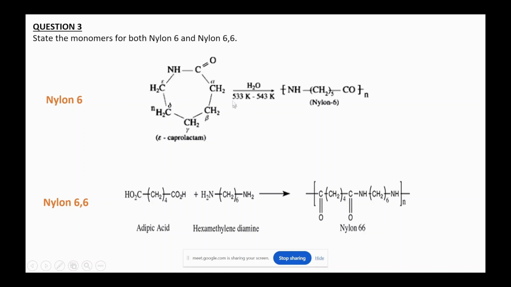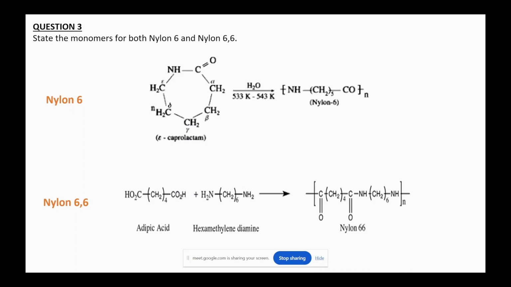When this epsilon caprolactam is subjected to temperatures of 533 to 543 Kelvin, somewhere around 260 degrees Celsius, the ring breaks, free radicals are formed, and they react with each other to form nylon 6.